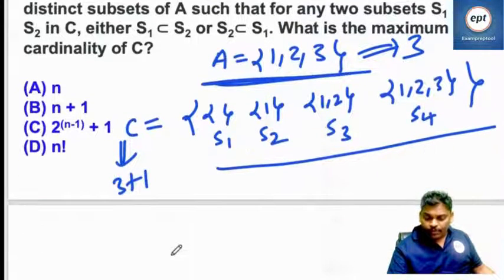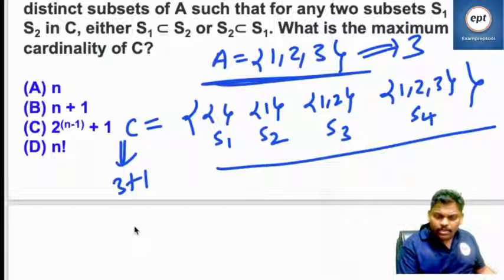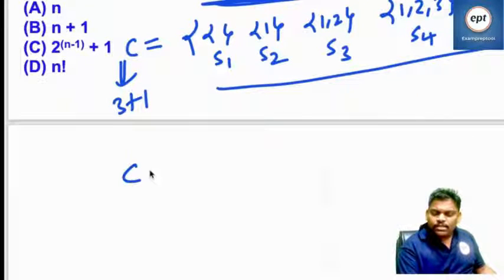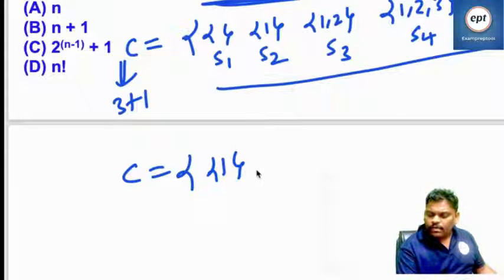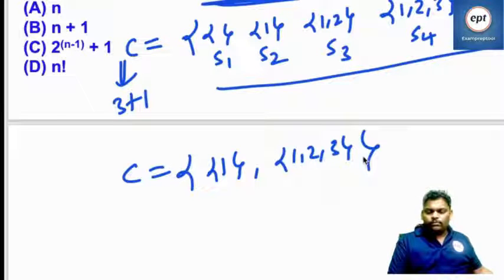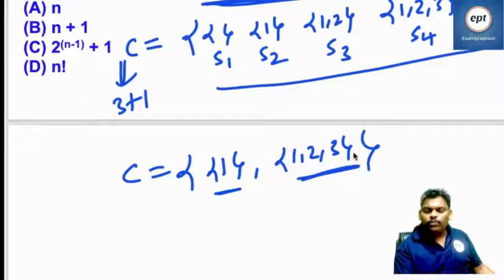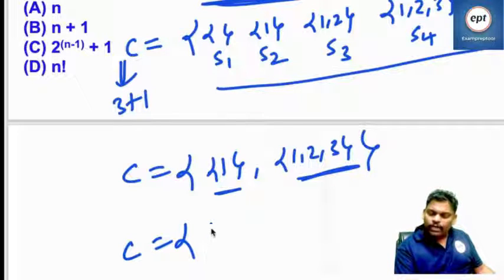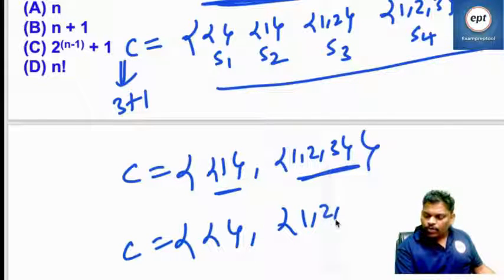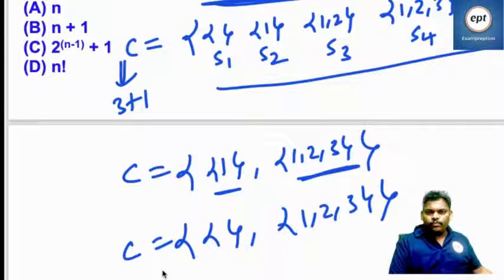Some people may ask, sir, why don't you write it like this, with C equal to {1}, {1, 2, 3}? If I write like this, I will get only 2.